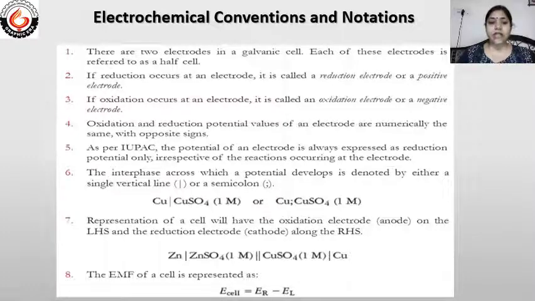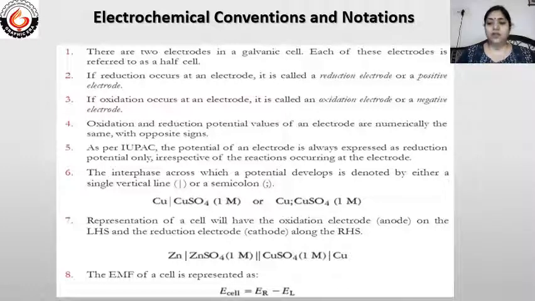The interface across which a potential is developed is denoted by either a single vertical line or a semicolon. Interface across which potential is developed means electrode and solution, because an electrical double layer is formed between the electrolyte solution and the electrode.